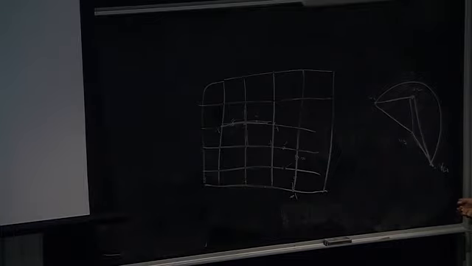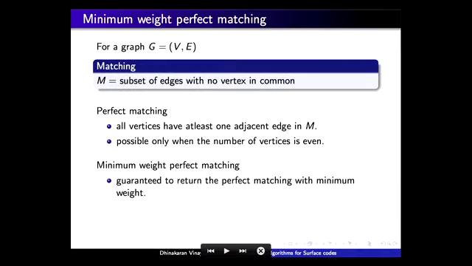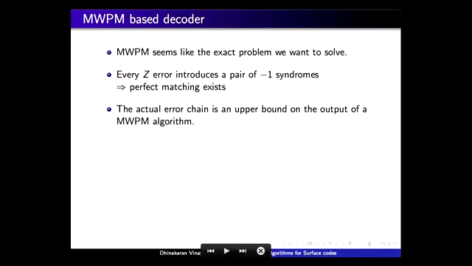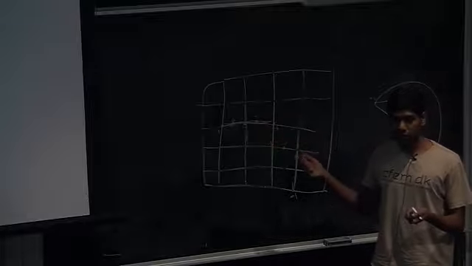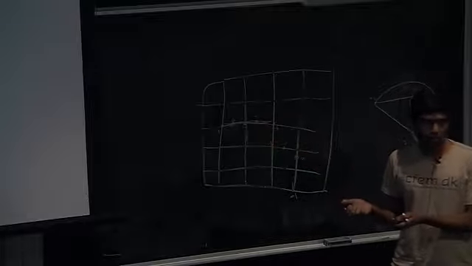And minimum weight perfect matching involves finding a perfect matching where the sum of the weights of all the edges is minimum, okay? And it seems like, once we are given the syndrome vertices, minimum weight perfect matching is the actual problem that we want to solve.